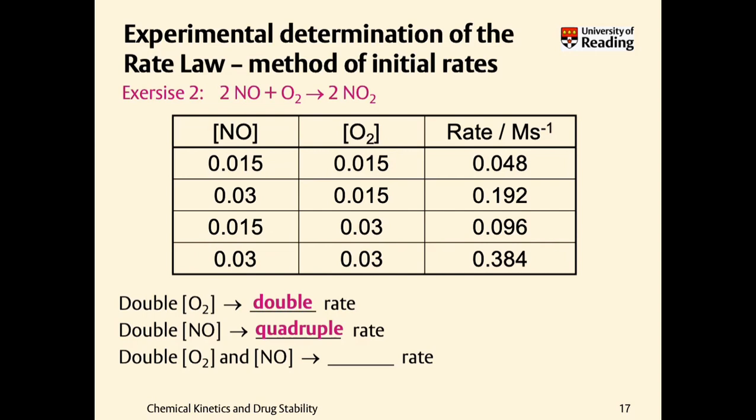Finally, if the starting concentration of both reactants is doubled, so let's compare the first and the fourth reaction, then the rate becomes 8 times. You can see the rate of the fourth reaction is 8 times the rate of the first reaction. And this is the combination of the 2 times from doubling of the oxygen and the 4 times from doubling of the nitric oxide.